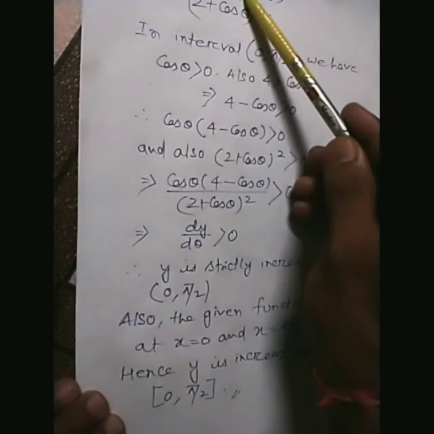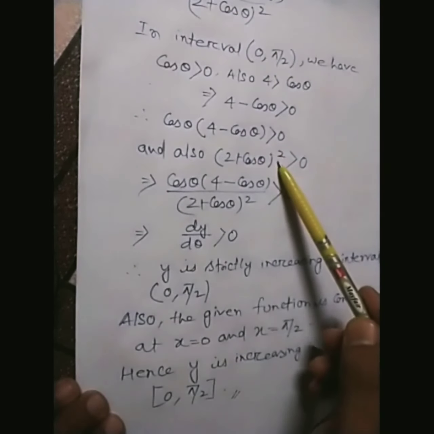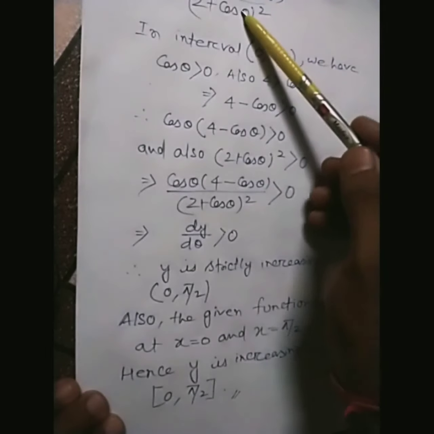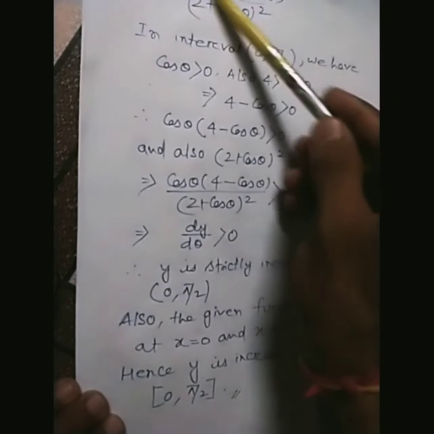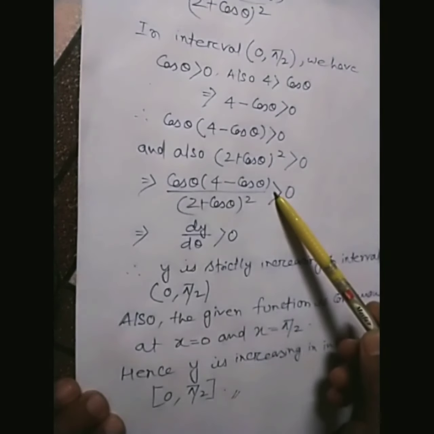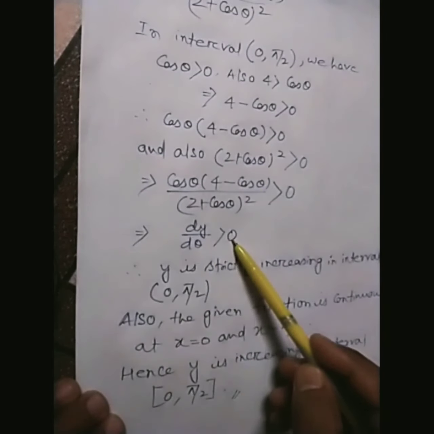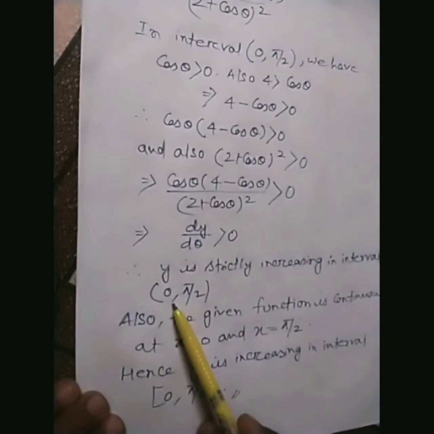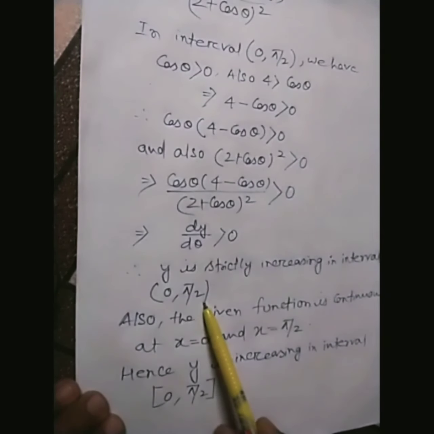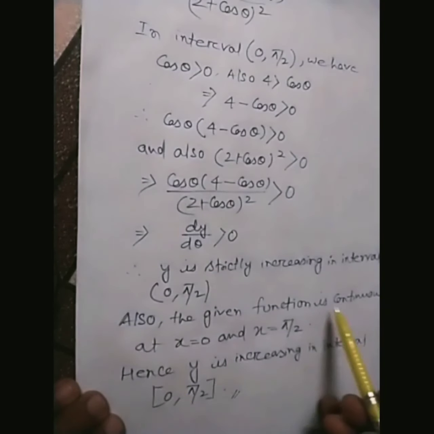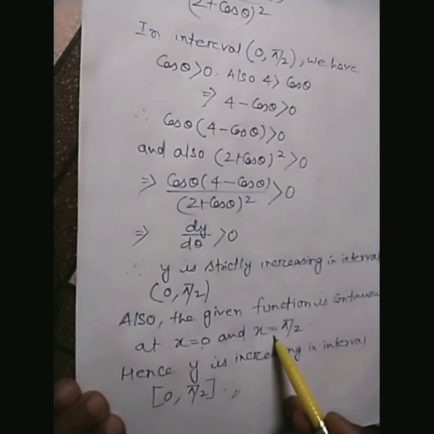Numerator by denominator will always be greater than 0. And what is this? This is dy by d theta, which is greater than 0. So y is strictly increasing in the interval 0, pi by 2. Also, the given function is continuous at x equal to 0 and x equal to pi by 2. Okay, hence y is increasing in the interval 0, pi by 2.